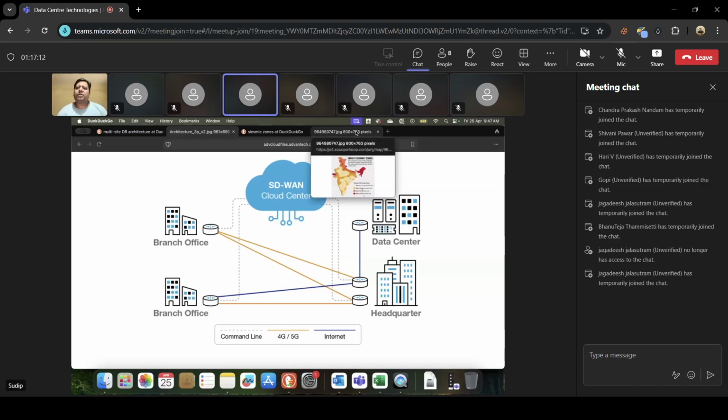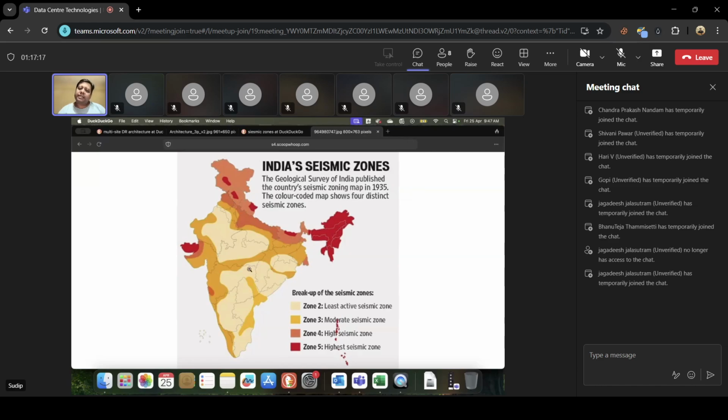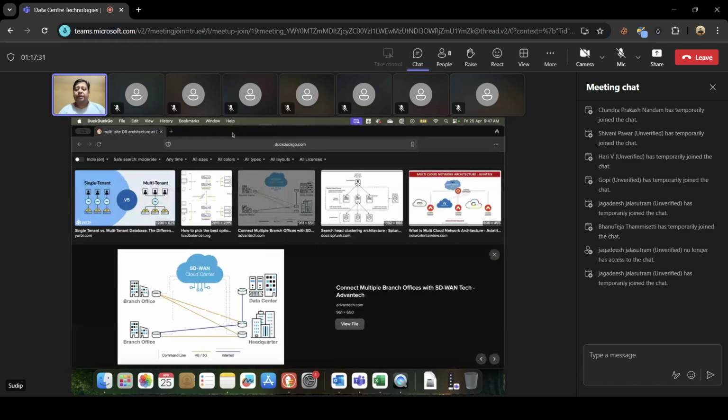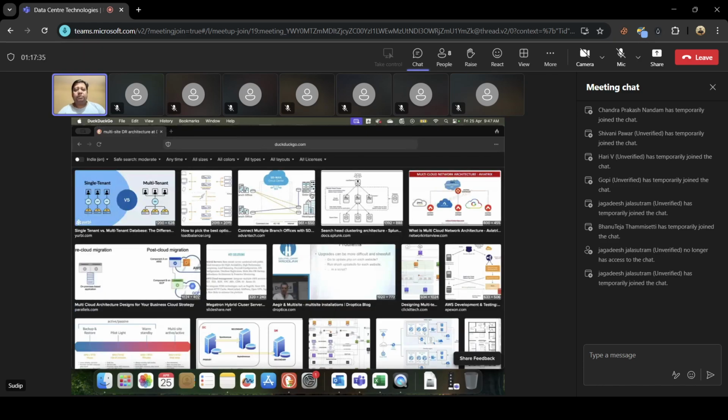Yes. Okay. So now I took the example of seismic zone, but there are other things also. They take into consideration the amount of rainfall, and proximity to sea, because tsunamis are also a threat. So they take that aspect into consideration as well.